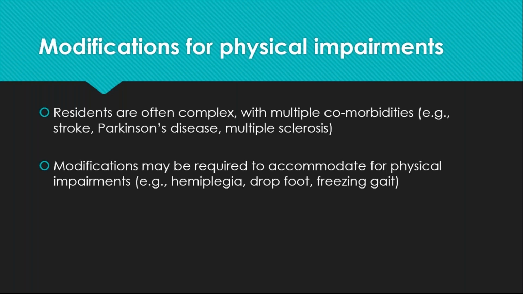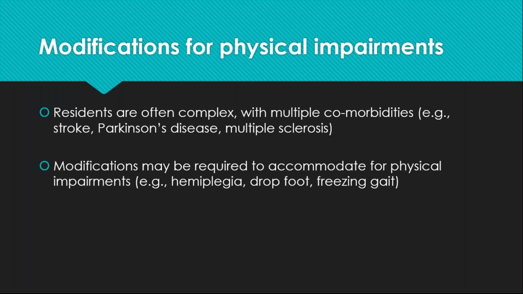Okay, so I just wanted to give some ideas because as I talked about at the beginning of the presentation, residents in long-term care often have lots of things going on. So they could have physical impairments, like they've had a stroke or Parkinson's disease, or they have multiple sclerosis. And so that can have an impact on their ability to participate in exercise.